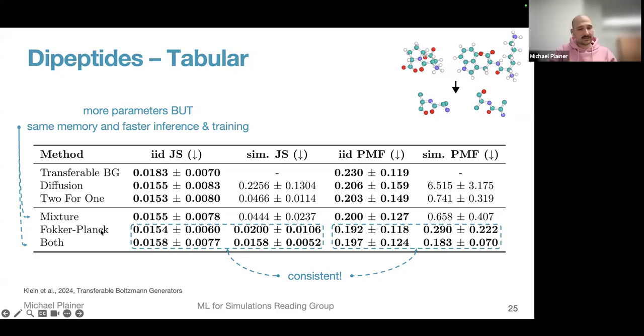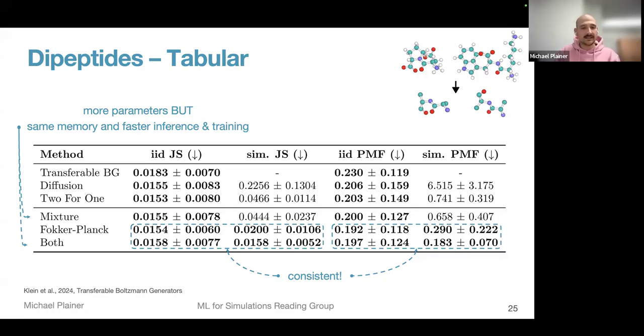And we see here with this Fokker-Planck regularization, and in combination with mixtures especially, that for instance ITT performance and simulation performance match almost perfectly, like also here with this PMF error, which is a bit of a better metric for molecules than just the Jensen-Shannon divergence.